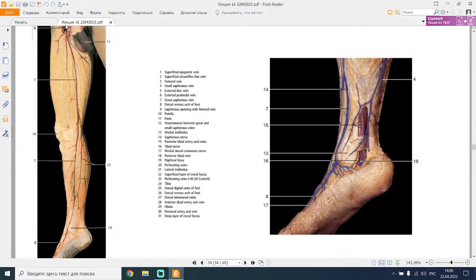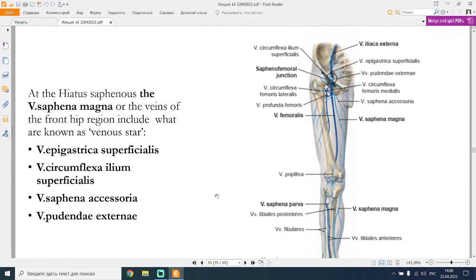This is saphenous opening with femoral vein. Vena saphena magna.